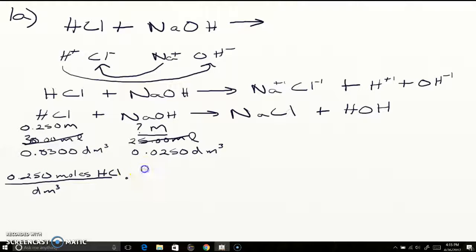Remember, a molarity times the volume, and I think that's in your notes, gives me moles, and here's why. This is decimeters cubed all over 1. Decimeters cubed cancels out. And there you have it. I have moles of HCl.